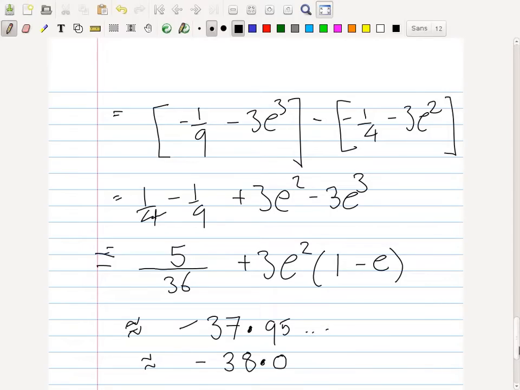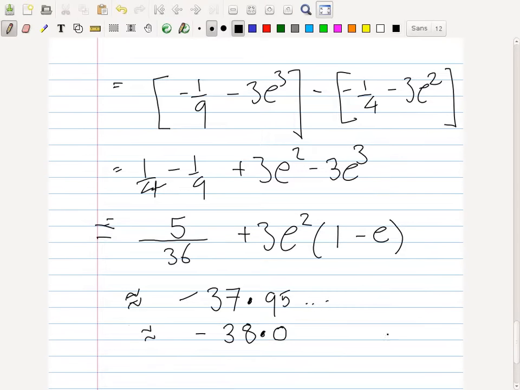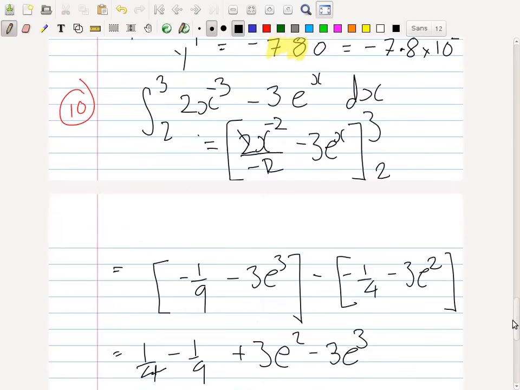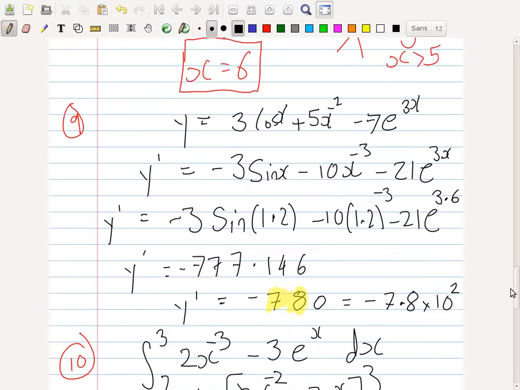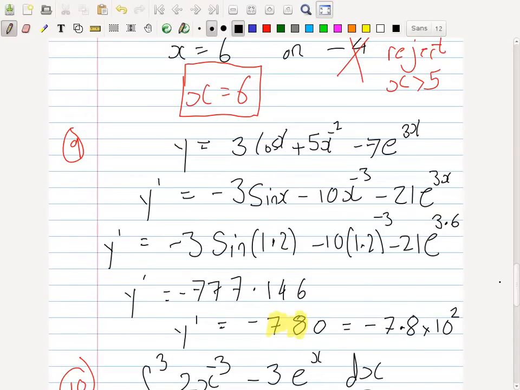So I'm going to check. I know this one's right because I checked it on my calculator. Now I'm going to check this one on the calculator too. So, do you all have this Casio calculator? Above the integrate button, there's also a differentiate button.